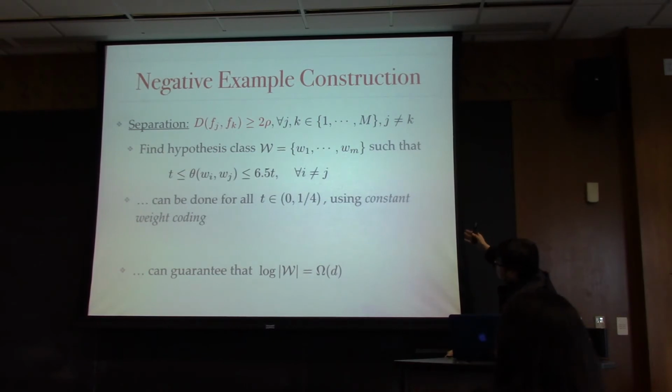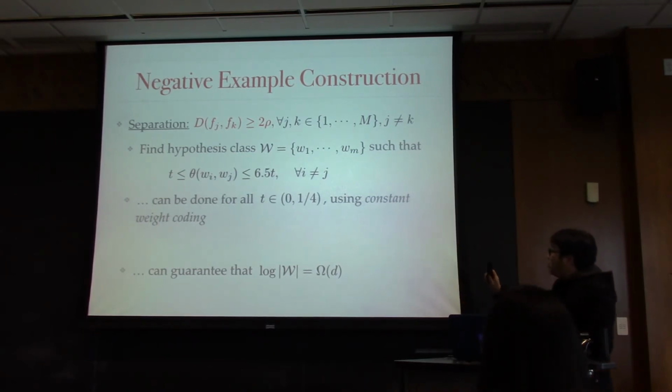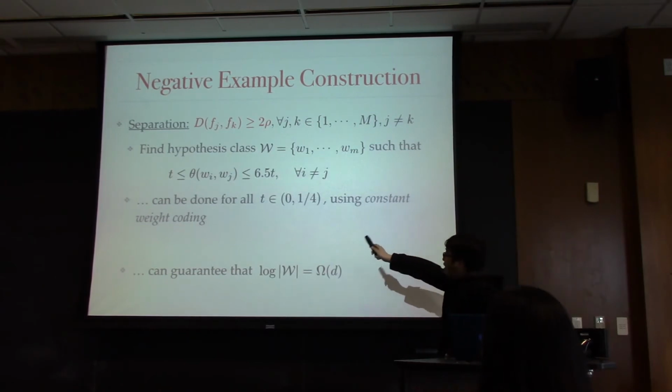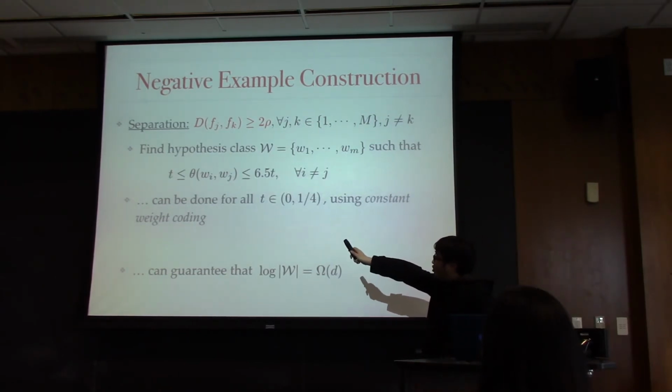So in our work, we want to ensure that I have a hypothesis class W. This class has M linear classifiers, and I want to ensure that the angle between any pair of the linear classifiers is not small. So the angle is larger than or equal to t.